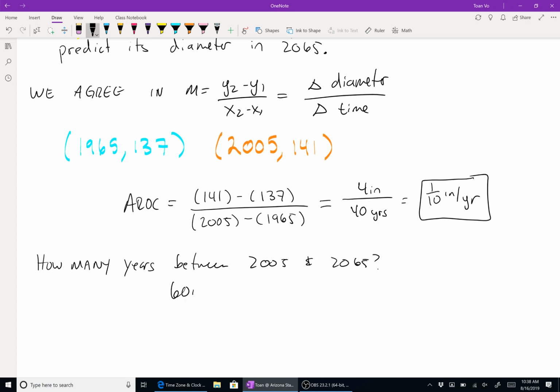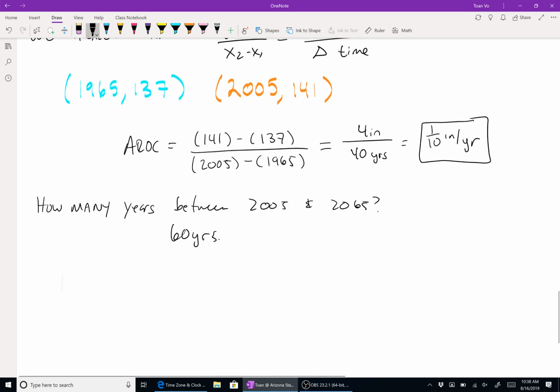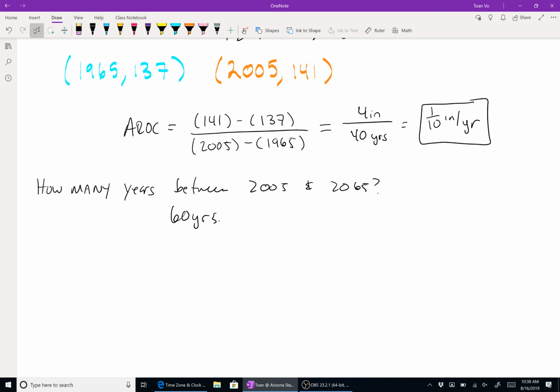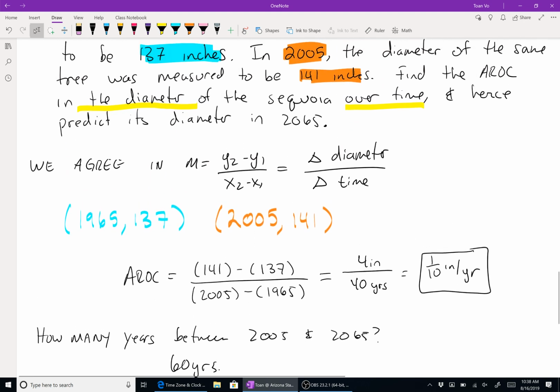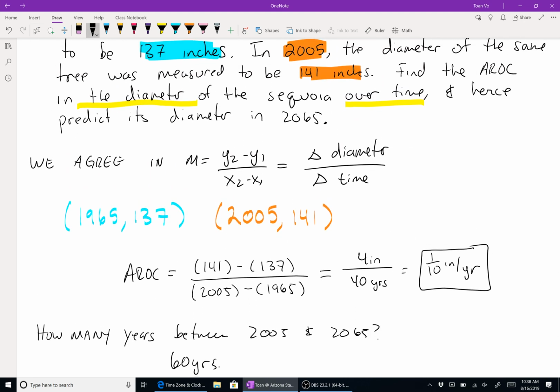The answer was 60 years. If you know it changes 1/10 of an inch per year, and we want to predict, yes? Oh, I'm sorry, if I said 1965, I meant 2065. Yep.